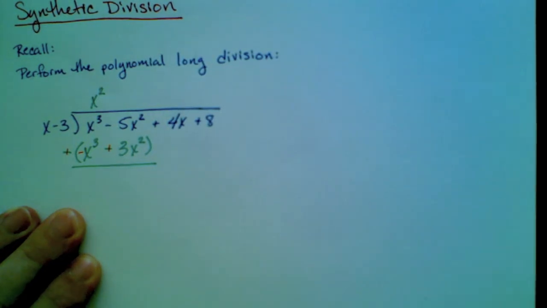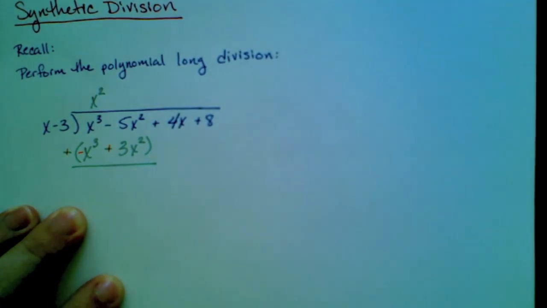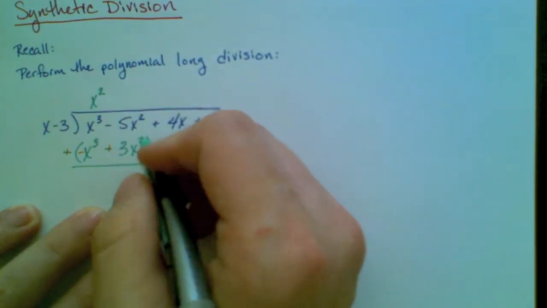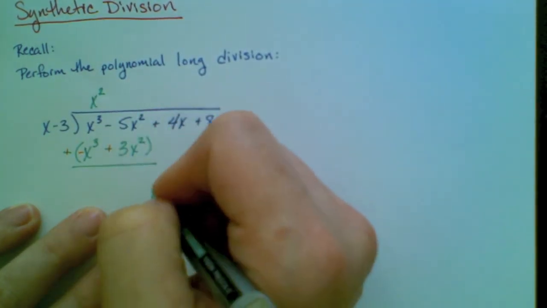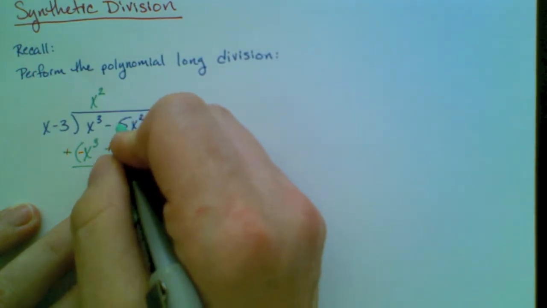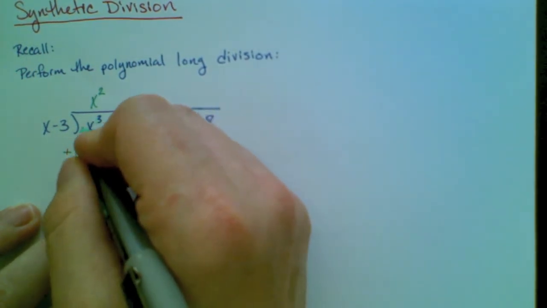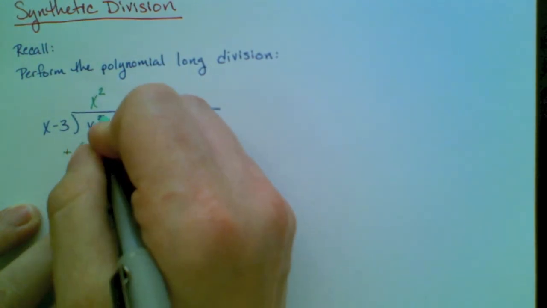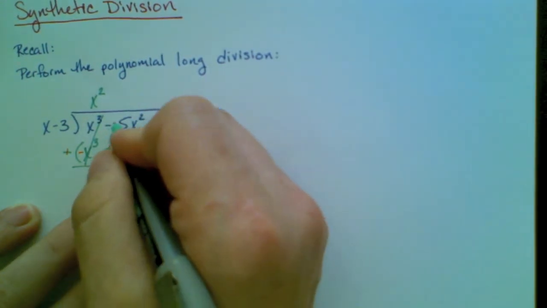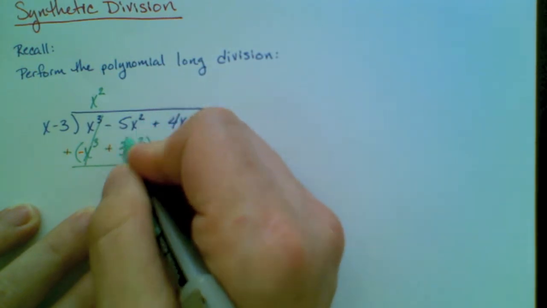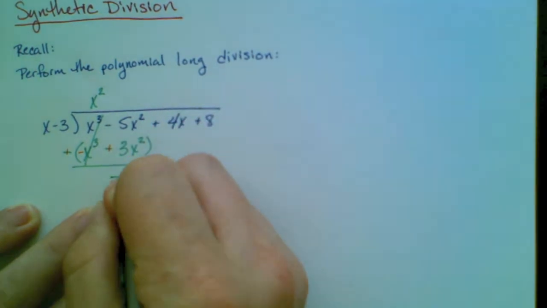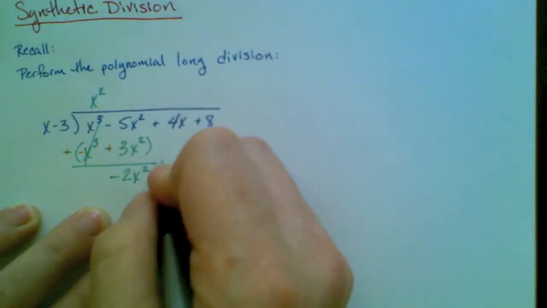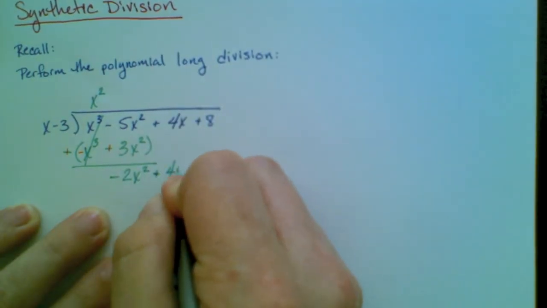I did that in a different color because I want to emphasize that we are subtracting and distributing. That distributing is a separate step. Now I'm going to combine my like terms. The x cubed minus the x cubed will go away. Negative 5x squared plus 3x squared is negative 2x squared. And then I'm going to bring down my next term.